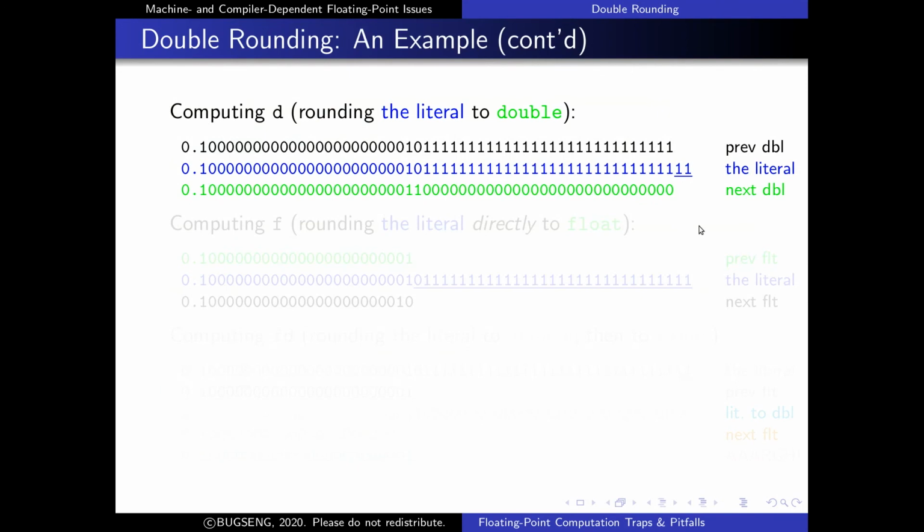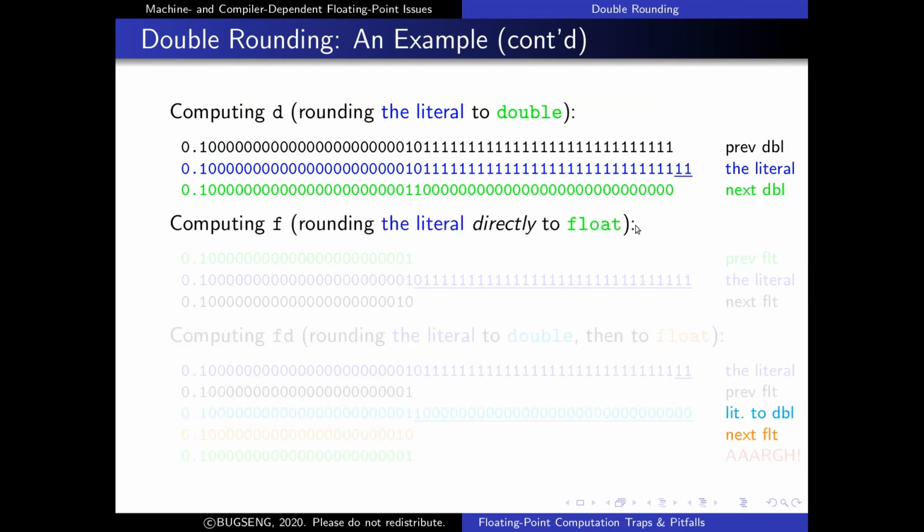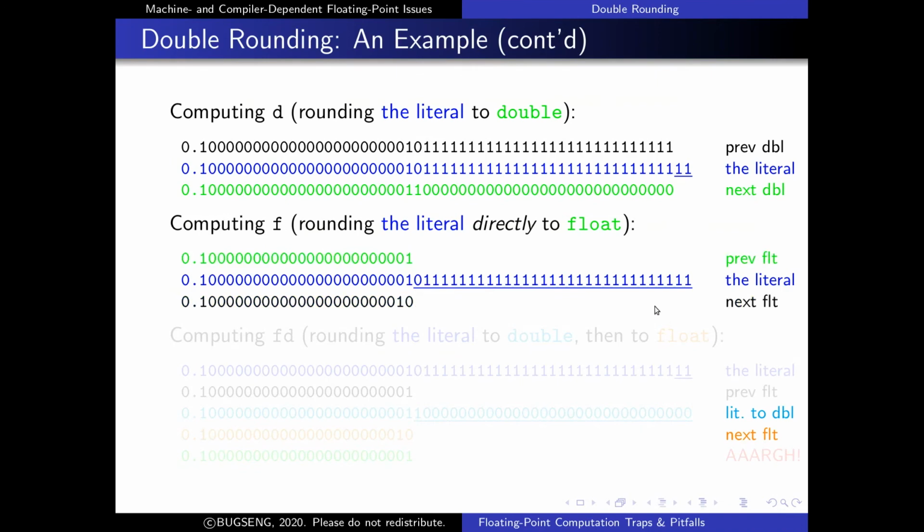Now to compute f, the literal will have to be rounded directly to float. This is the same bit pattern for the literal. This time we have many more bits that are underlined because many more have to go. We only have 24 bits of precision in float. And how is this done?